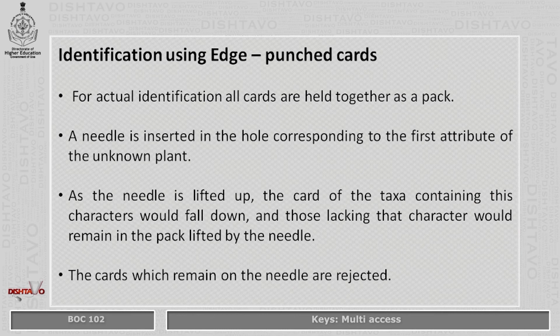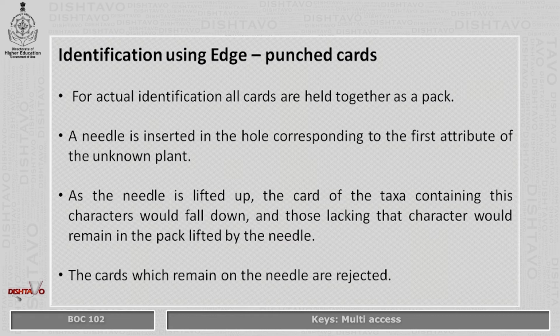Coming to the identification of plants using edge punch cards, for actual identification, all cards are held together as a pack. A needle is inserted in the hole corresponding to the first attribute of the unknown plant, which is decided by the user. As the needle is lifted up, the cards of the taxa containing this character will fall down and those lacking that character will remain in the pack lifted by the needle.